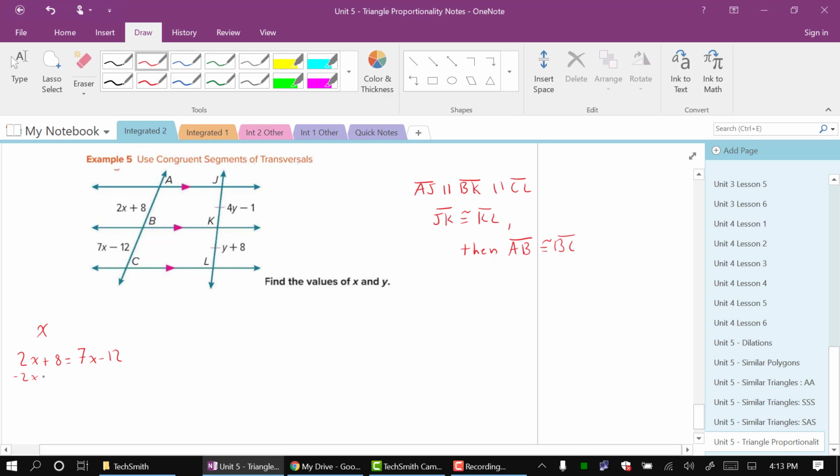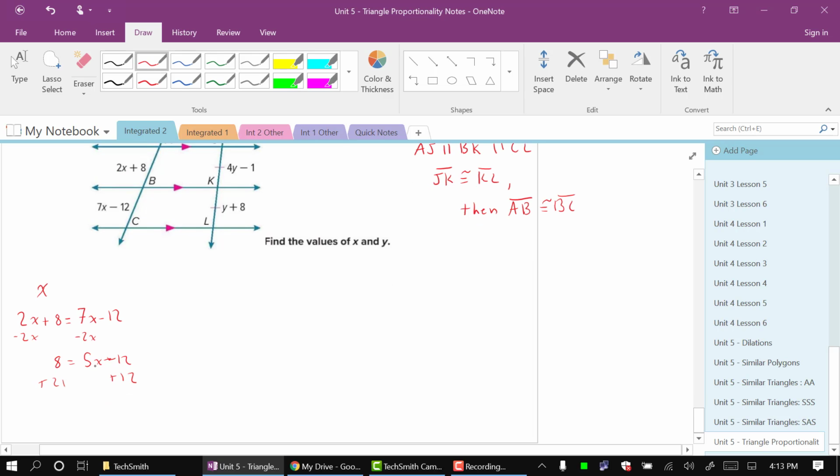Subtract 2x from both sides. I get 8 equals 5x minus 12. Add 12. That gives me 20 equals 5x. Divide by 5. x equals 4.